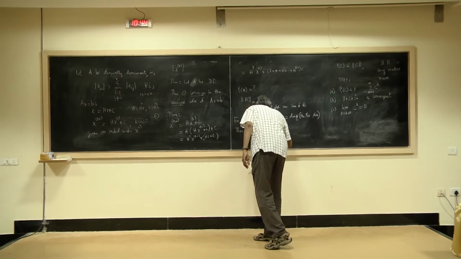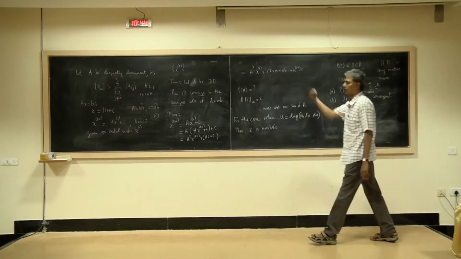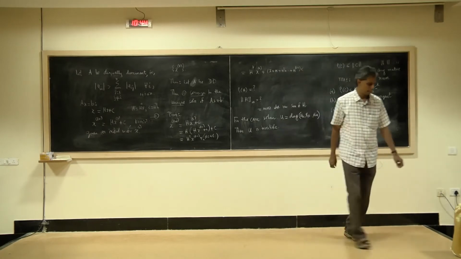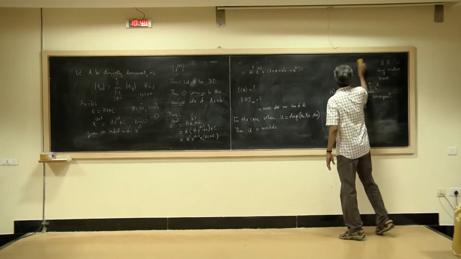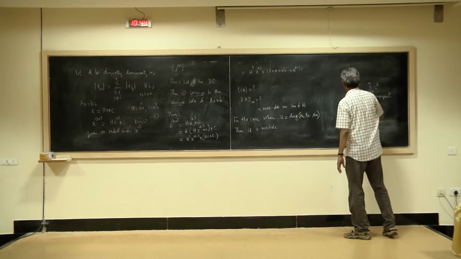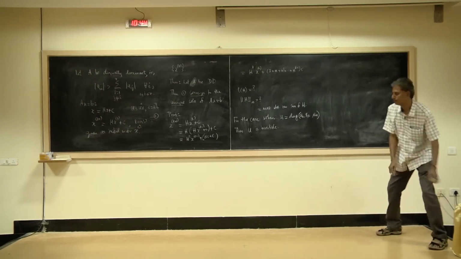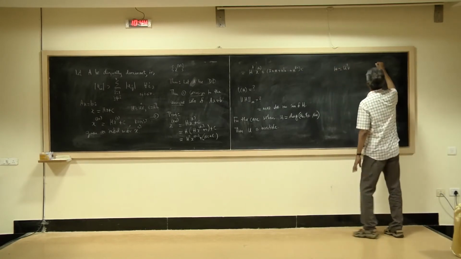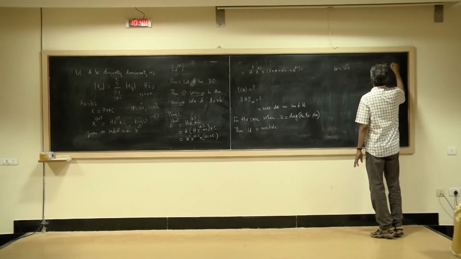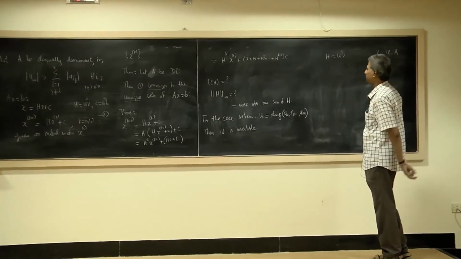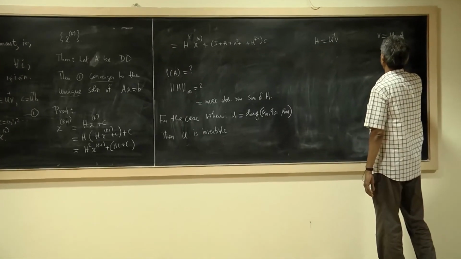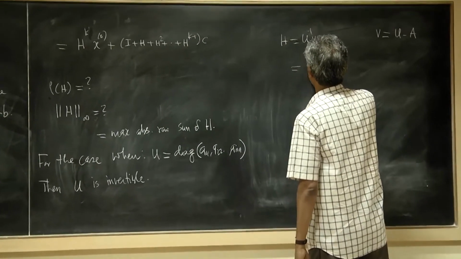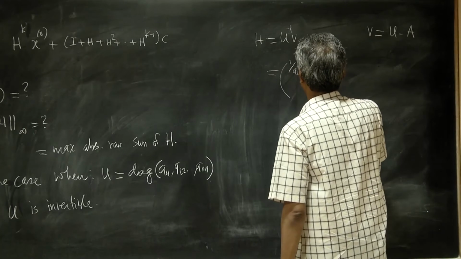This is because each of the diagonal entries is non-zero because of diagonal dominance. U is invertible. H equals U inverse V. What is V? V is U minus A, because we want A equal to U minus V. So can you calculate the entries here? U inverse is 1 by A11, 1 by A22, etc.